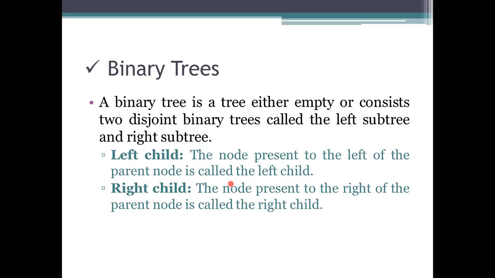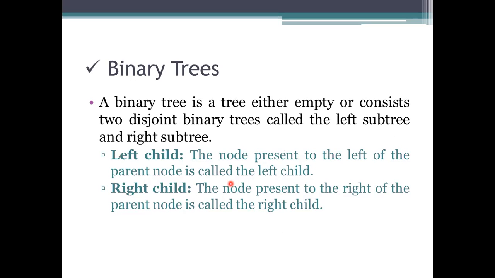Coming to the tree representation, what we are using is a binary tree. A binary tree is either empty, or it consists of two disjoint binary trees, taken as the left subtree and the right subtree.